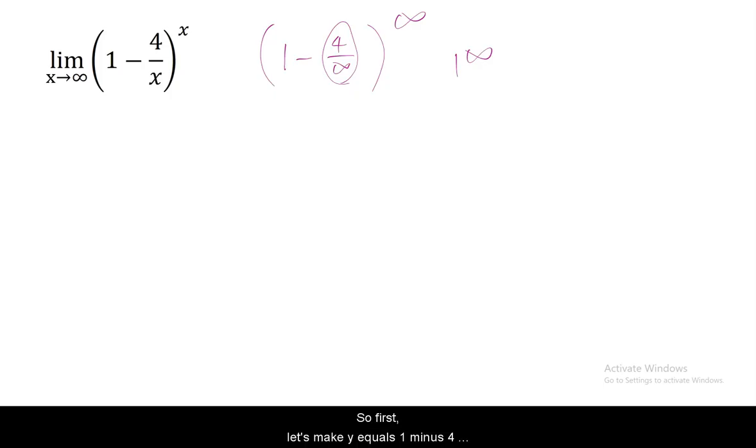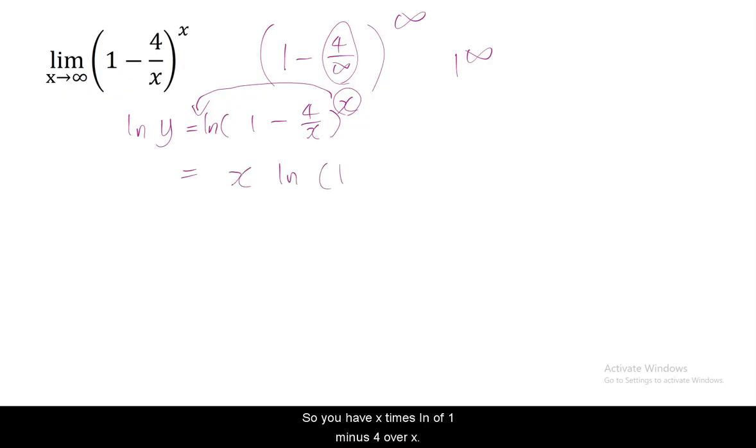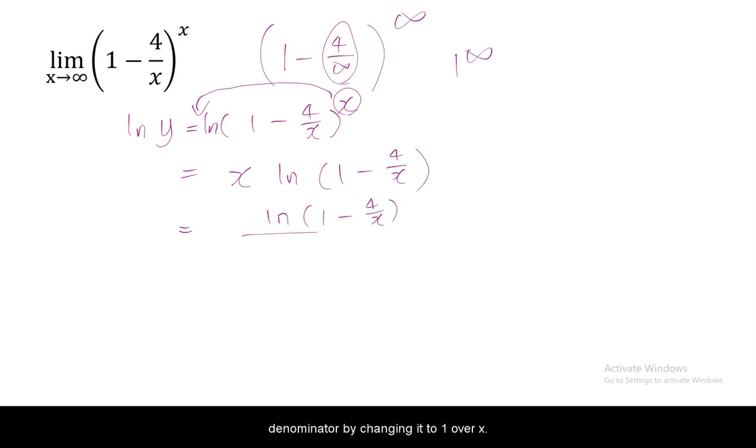So first, let's make y equals (1 minus 4 over x) to the power of x, because we want to take the natural log on both sides so that we can move the x to the front. So you have x times ln of (1 minus 4 over x). All right, so here, I'll make the x the denominator by changing it to 1 over x.